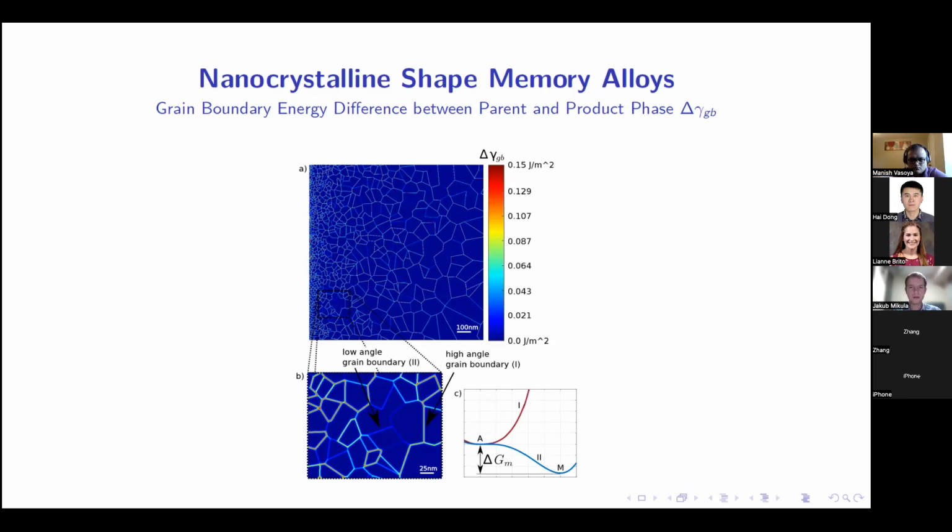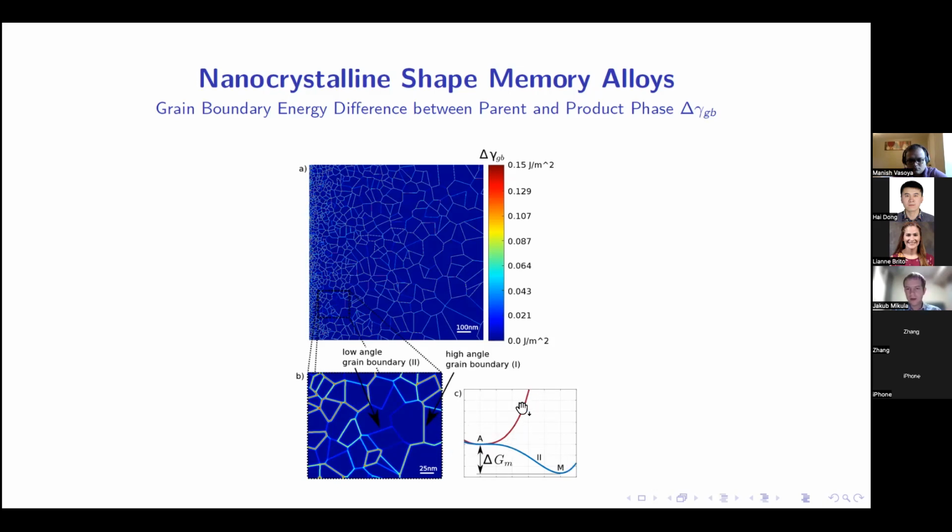If we are within the grain interior or at a low angle grain boundary, we have this blue double well for that particular temperature, which tells us that the martensite is the stable phase. The system would transform into the martensite because it costs less energy. On the y-axis I plot the energy, and delta G M is the energy difference between the two phases. As we go to the high angle grain boundaries, we see this red curve.